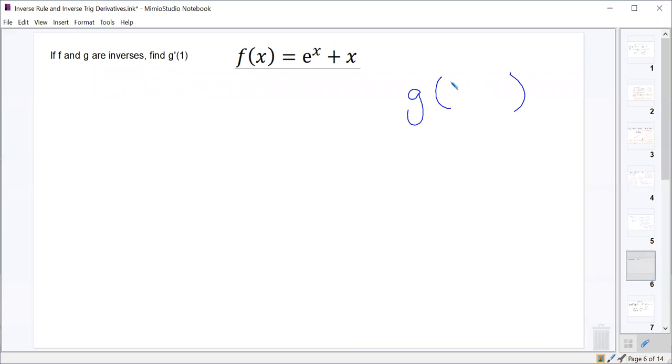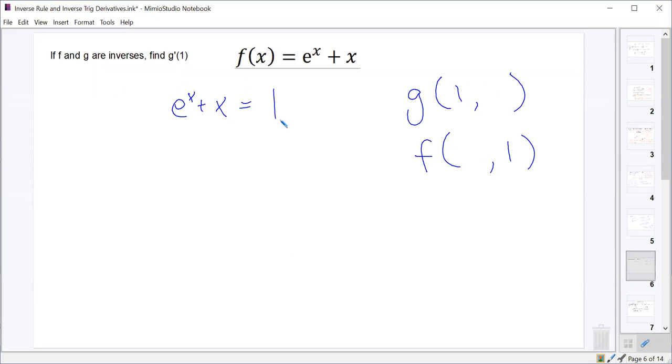It has an x value of 1, which tells us what about f? It should have a related point where the y value is 1. So now we just need to figure out when that's true. So when does f of x, e to the x plus x, equal 1?